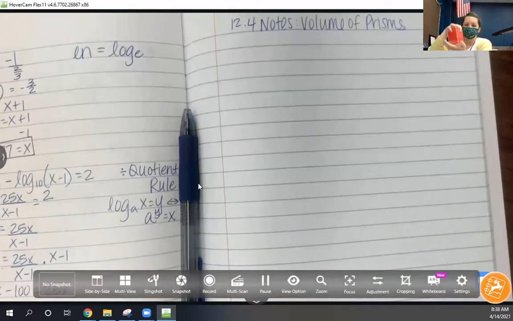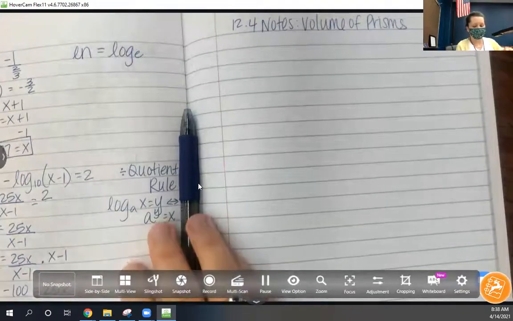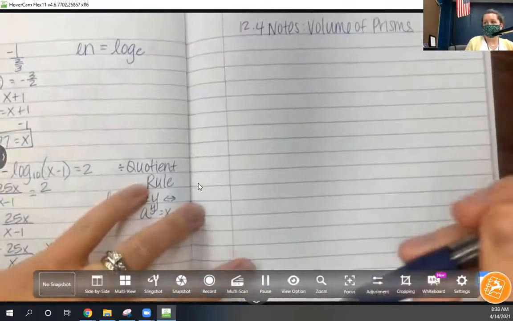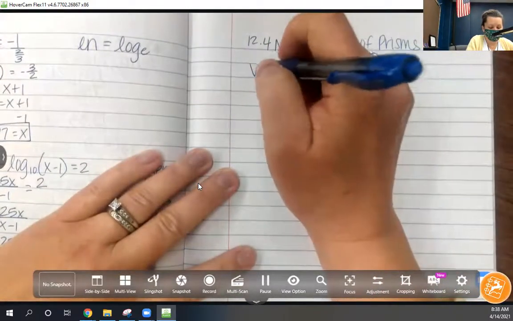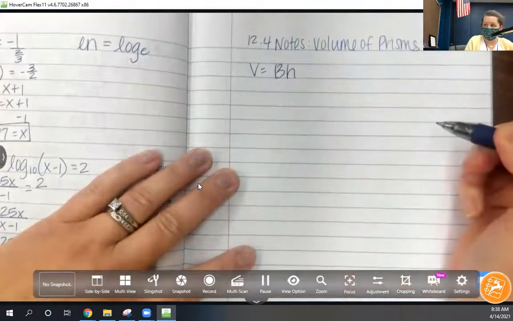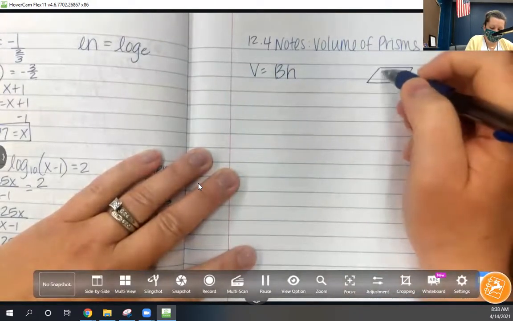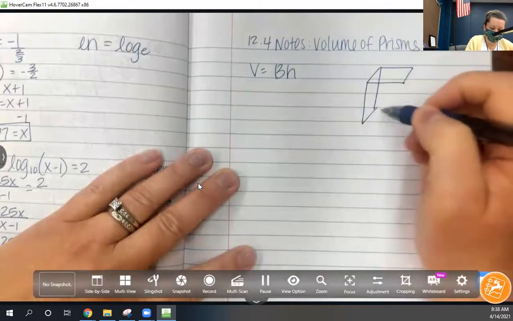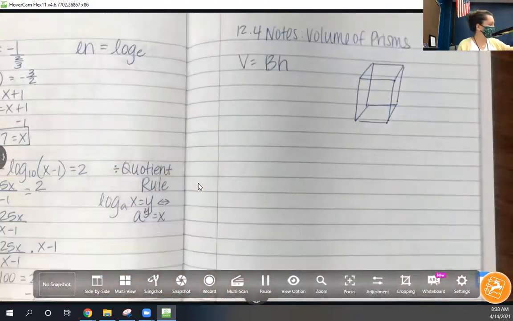So remember, prisms have the same bases, the same figures on the top and the bottom, making bases. Here is our formula for finding volume of a prism. Volume is the big B, the base area, times the height. So if I think about what this looks like on a rectangular prism, I'll draw this out really quickly.